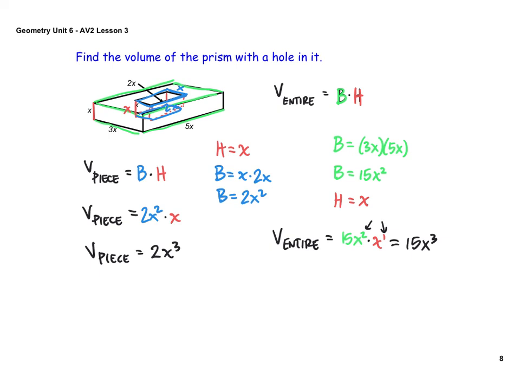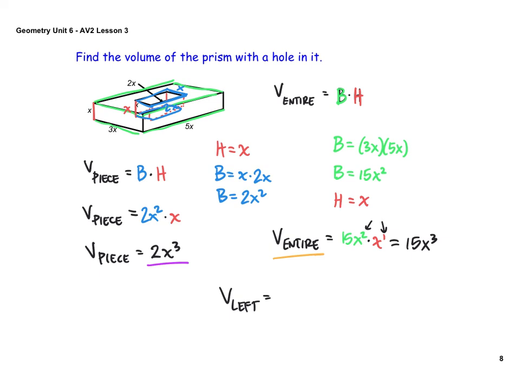Now, the volume of what is left for everybody else at the party is going to be our first volume minus our second volume. All right, so let's do this. So it's the entire cake minus the piece of cake.